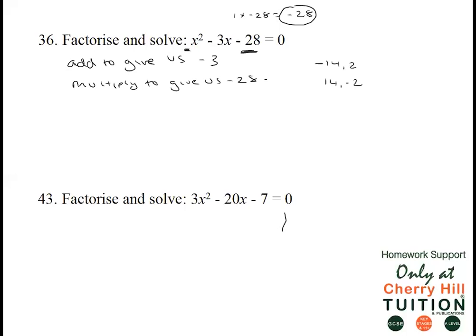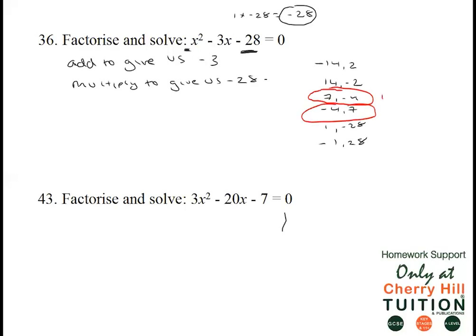We have 7 and minus 4. Or we have minus 4 and 7. We have 1 and minus 28. Or we have minus 1 and 28. Now from these pairs, I hope you can see that the only combinations that can give us anything near a minus 3 is either 7 and minus 4 or minus 4 and 7.